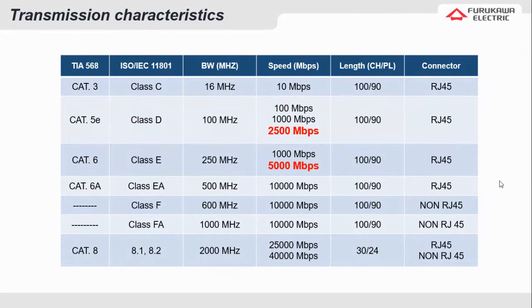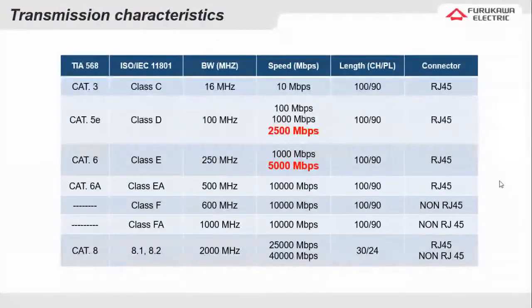Crosstalk has to do with electromagnetic interference, and the elimination of these effects allowed for more speed at which to transmit information, and that brought about CAT.5e, where the E stands for enhanced, given the fact that it is an improvement on CAT.5. CAT.5e is faster than CAT.5 because it was made to support gigabit speeds. And as a side note, and that's why this is in red here, in 2016, when the new 2.5 gigabits per second standard came to be, CAT.5e was also found to support that particular application.